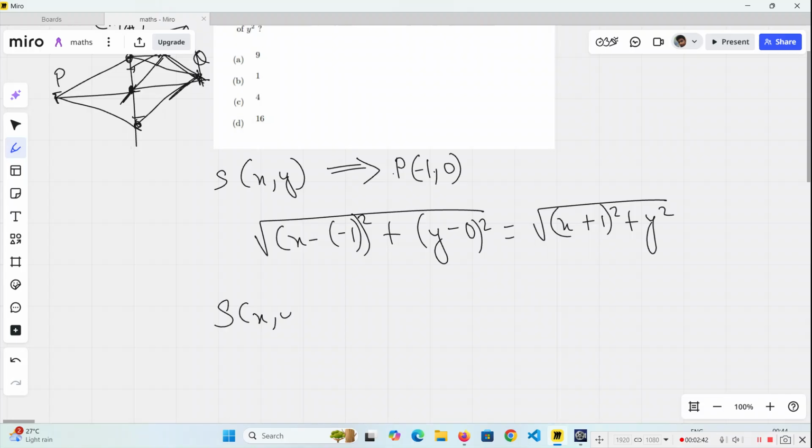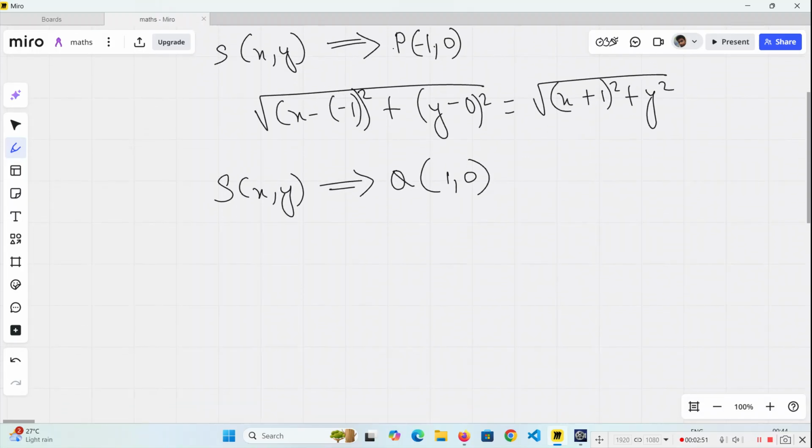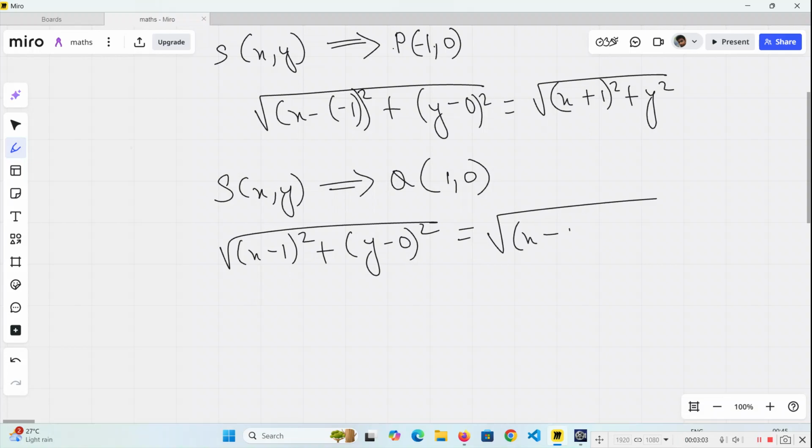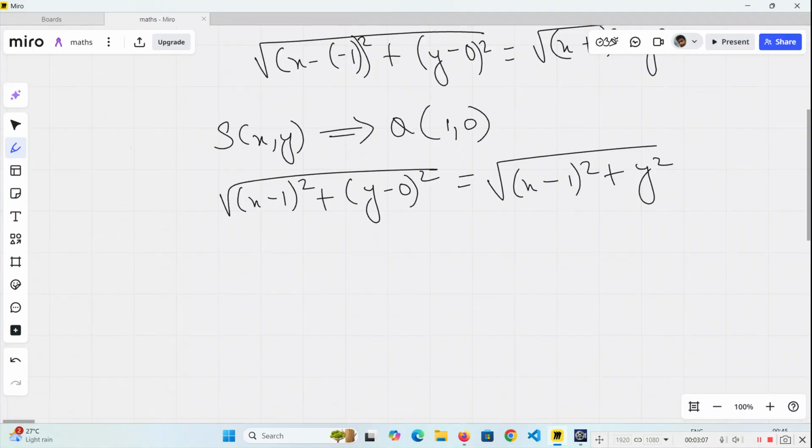Now the distance of this point s, that is xy, with point Q, that is (1, 0). If I apply the same distance formula here, I'll get root over x minus 1 whole square plus y minus 0 whole square, and that is root over x minus 1 whole square plus y square.